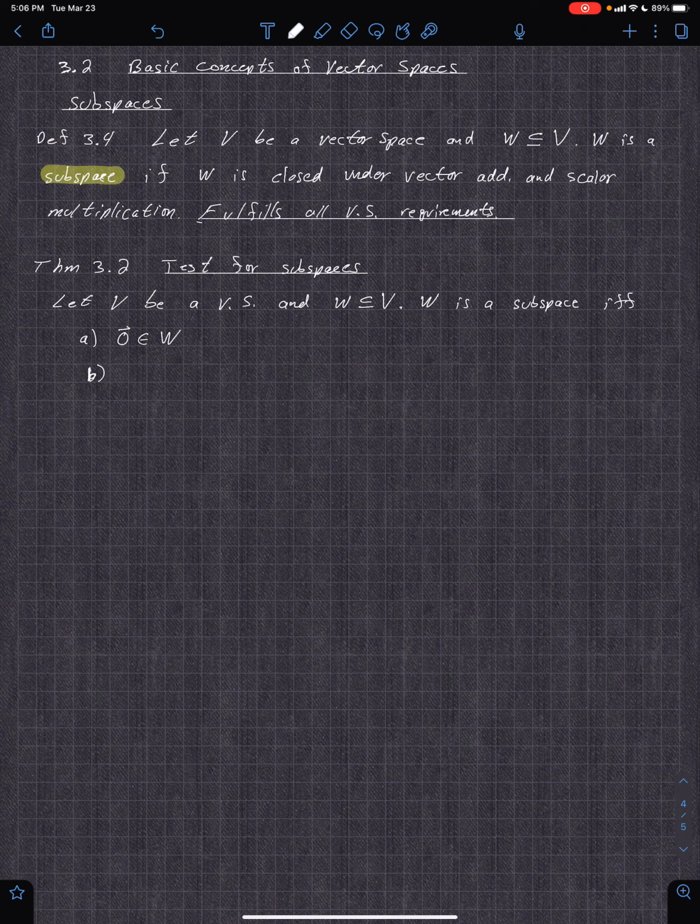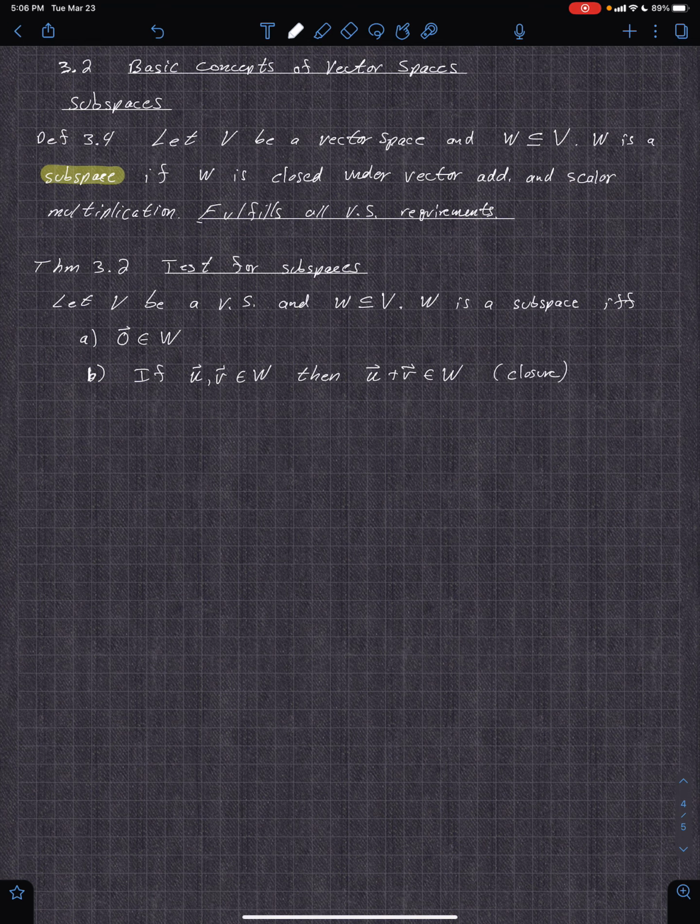Okay, then B: if U and V are in W, then their sum, of course, is in W. So that's closure under addition.